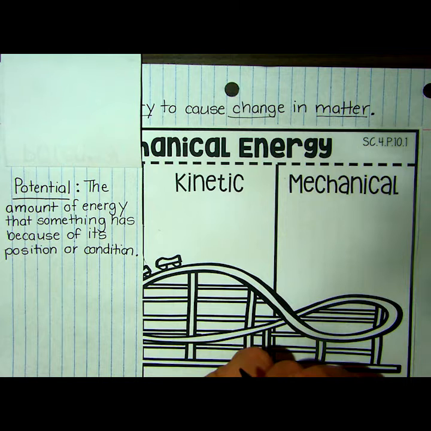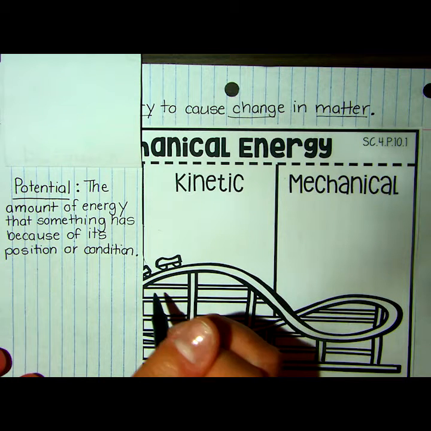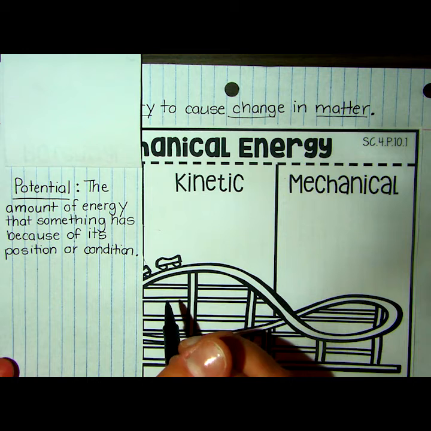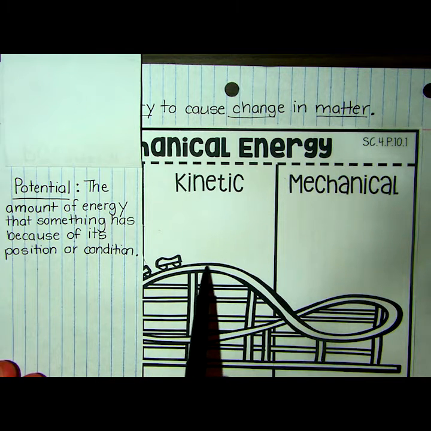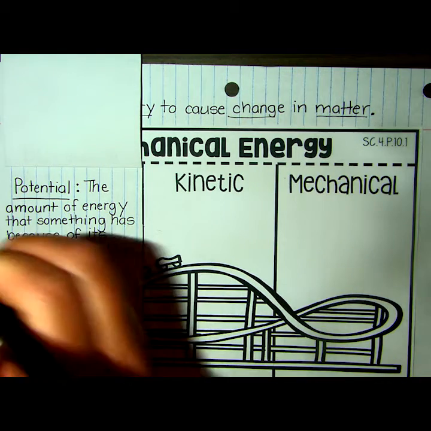So when we're talking about this roller coaster example, we know that it's going to have the most potential energy when it's right up here at the top of the highest hill. So let's write that down.